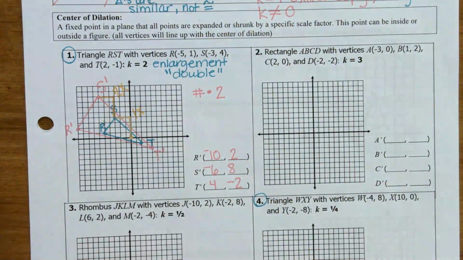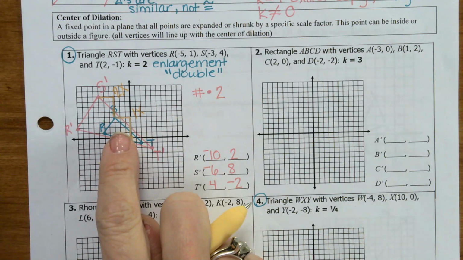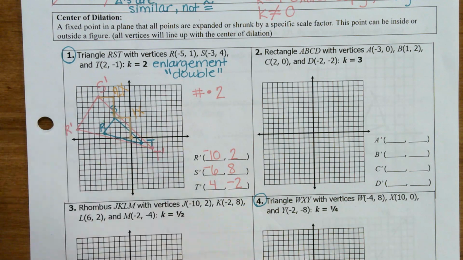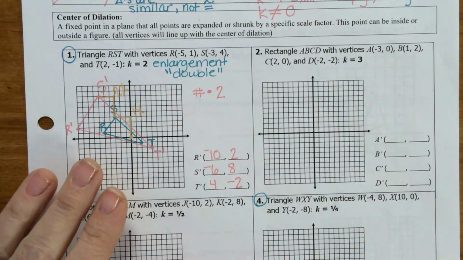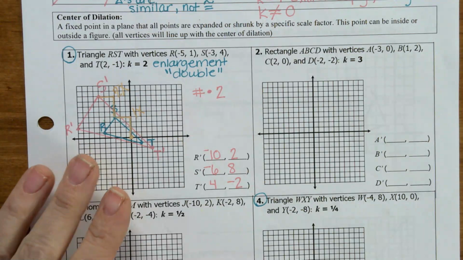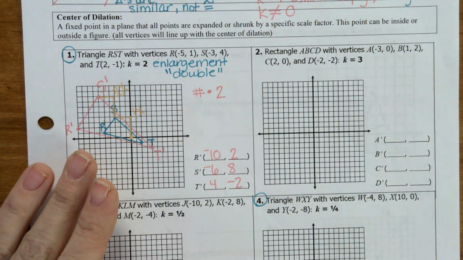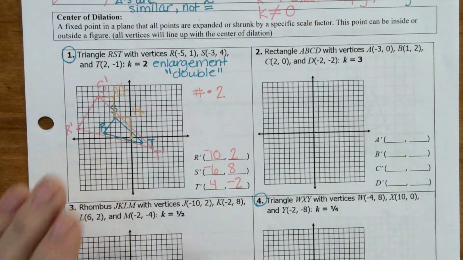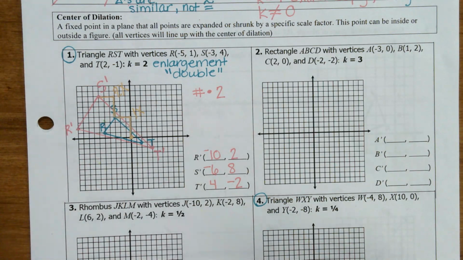And what's your scale factor? 2. Okay, do y'all see that? Okay, now, the very long way to do this would be to also verify distance 6 times. 3 distances for the small triangle, 3 distances for the large triangle, and make sure that all of the distances are double. That's a lot of extra work that we're not going to do. Okay?